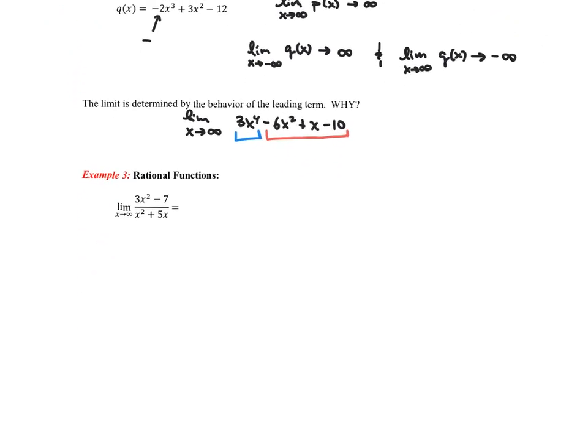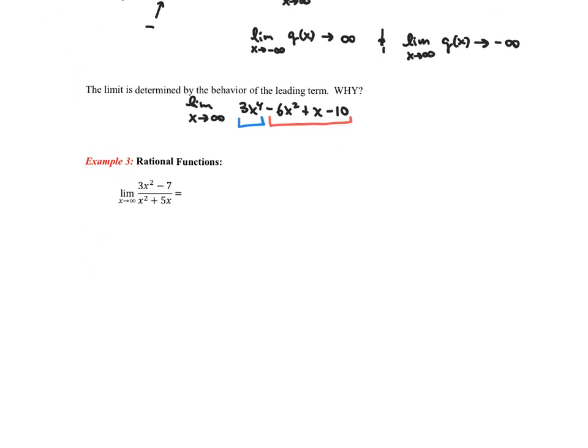So when looking at a rational function, for example, example 3 here, this rational function has a polynomial in the numerator and a polynomial in the denominator. Now, I want to compare this function to another function, and it's going to behave very similarly as x approaches infinity. They will behave in a very similar fashion, but only as x increases without bound.